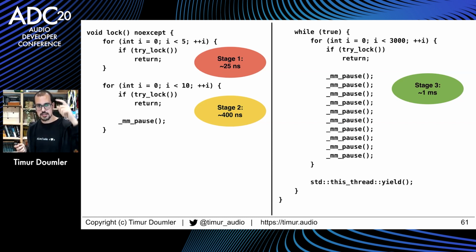And then at the end of that, doing that 3,000 times is going to be this 1 millisecond. And if we still haven't acquired the lock after 1 millisecond, then we can start to get worried, right? Because the audio thread really should have completed its work by then. So maybe something weird is going on. Maybe there's a lot of threads doing stuff and we're on very high load, or the thread scheduler is doing something weird.